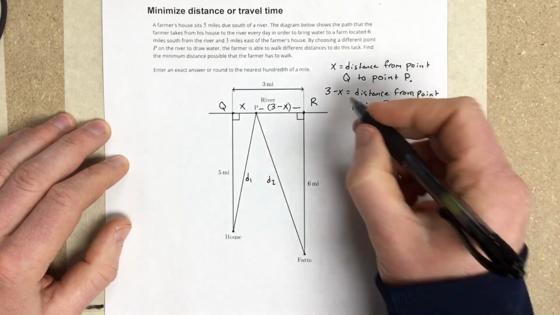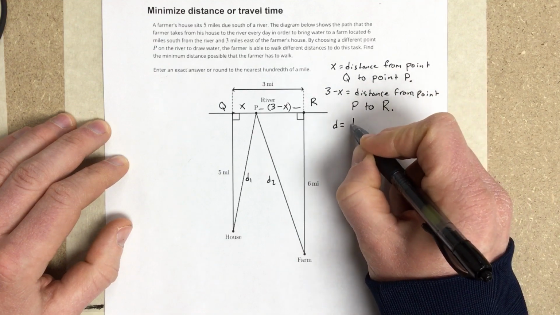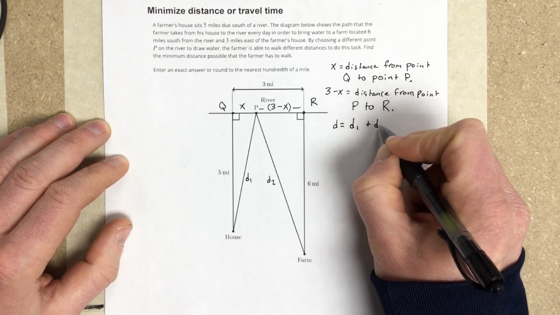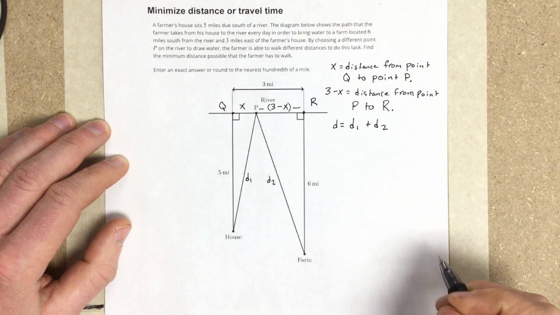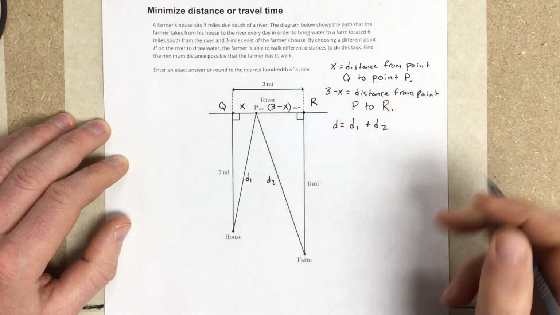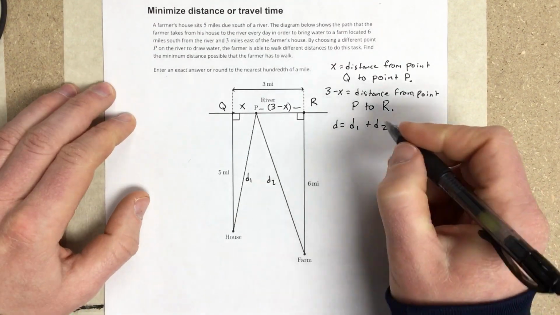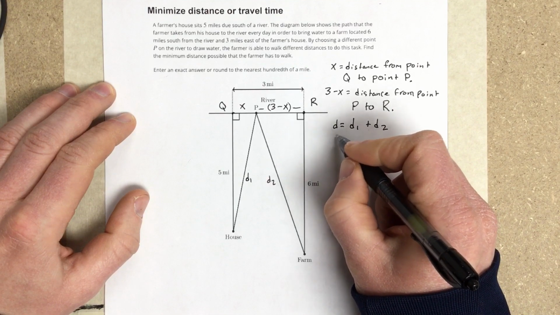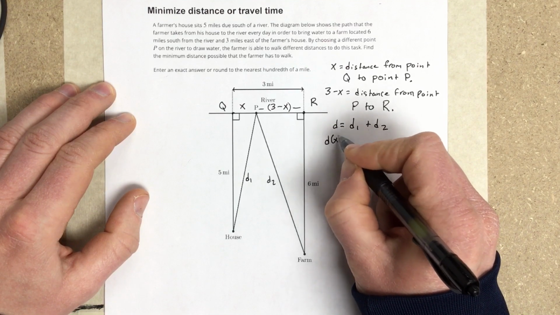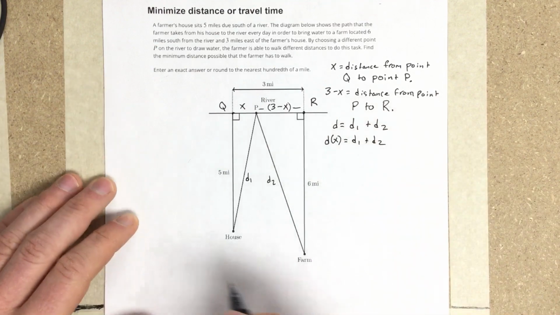So I can say that my distance is going to equal D1 plus D2. So total distance traveled, I'm going to say D equals D1 plus D2. And actually I better say distance with an input of x is D1 plus D2.